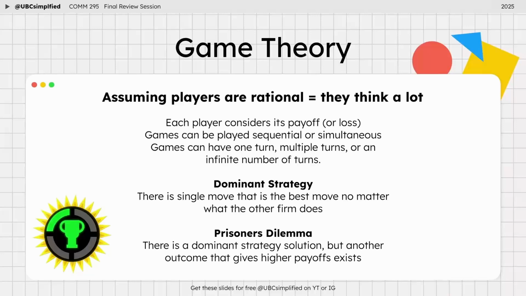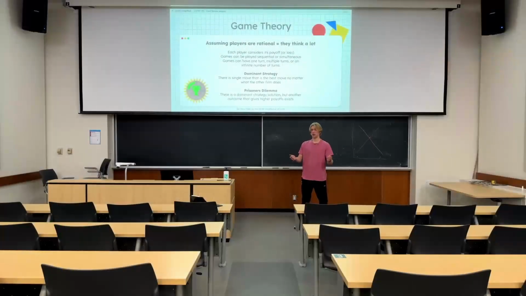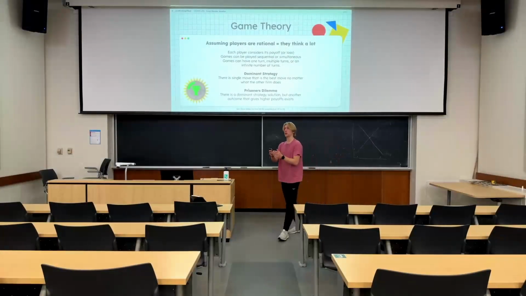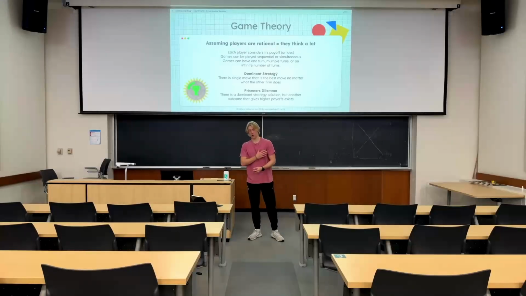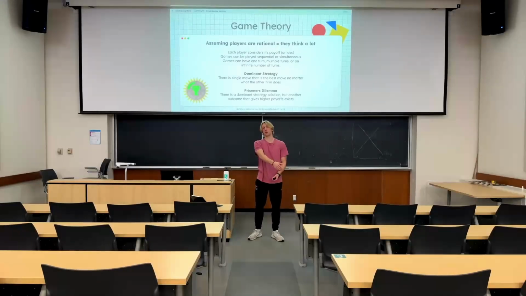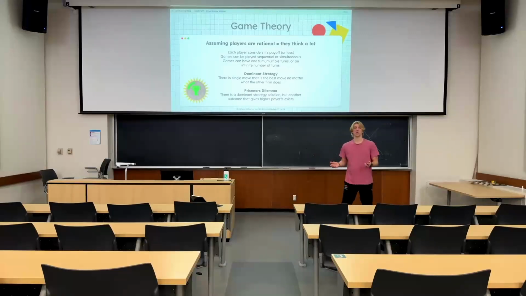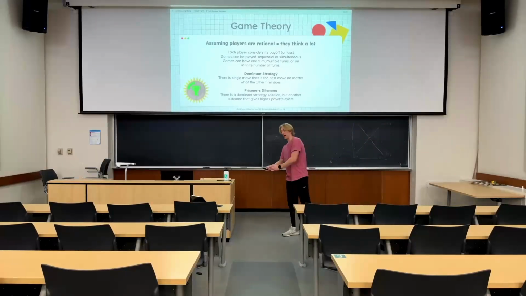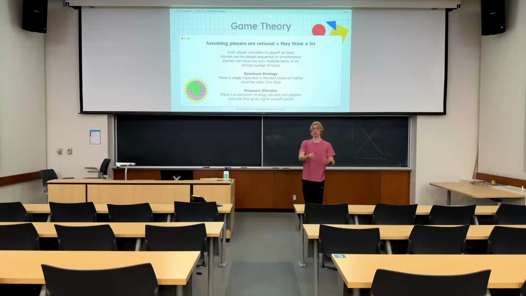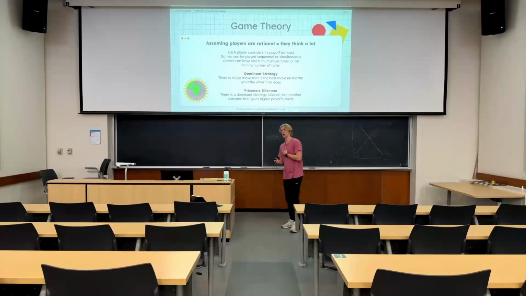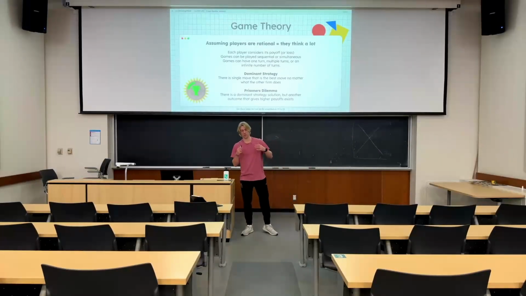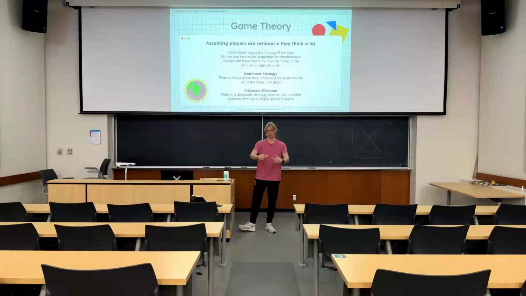And one thing to keep in mind with these game theory strategies is there's a dominant strategy. No matter what you do, I'm going to do this thing. So no matter what you do, if I do the exact same thing, that's a dominant strategy. It doesn't matter what you do, I'm going to do the same thing. And then for a prisoner's dilemma to happen, there has to be a dominant strategy solution. So both people have to have this dominant strategy, what they would want to do.